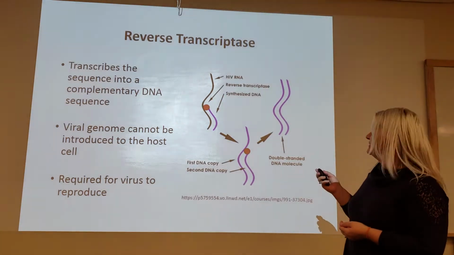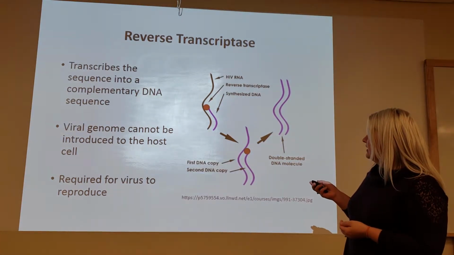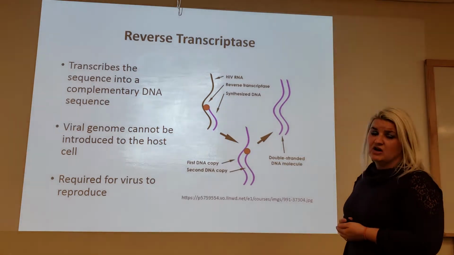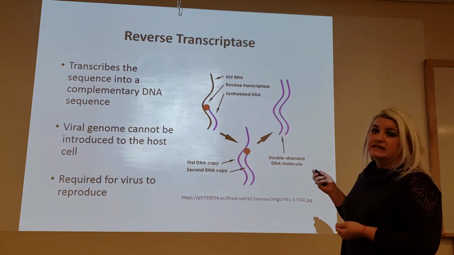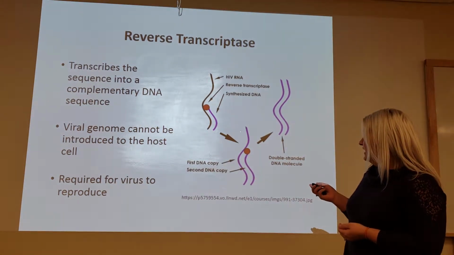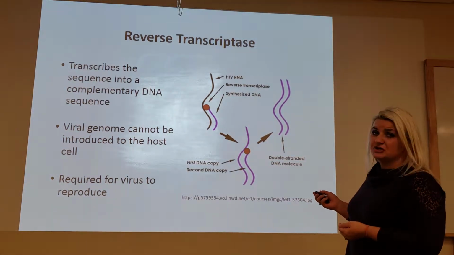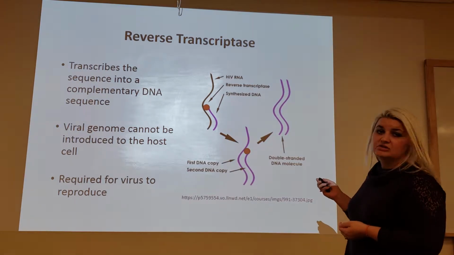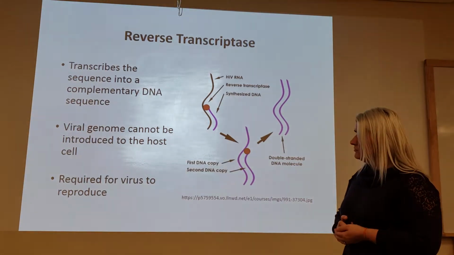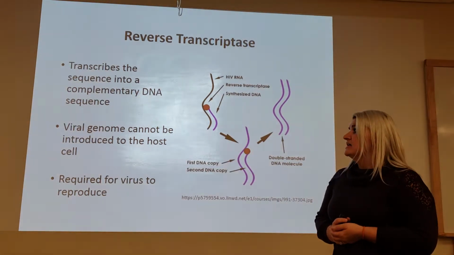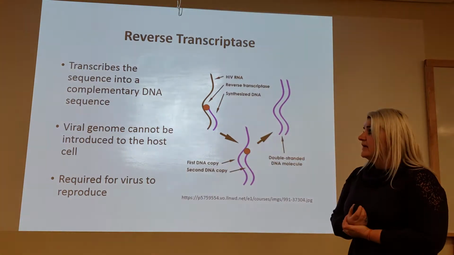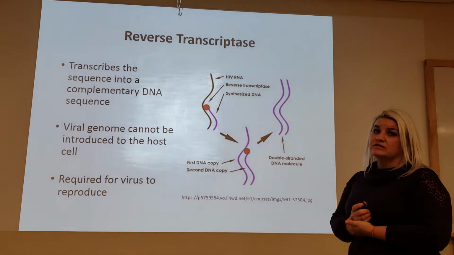The reverse transcriptase comes in and it will read that HIV RNA and make DNA. You then get your single copy of the DNA, a second copy is generated, and then now you have a double-stranded DNA molecule.